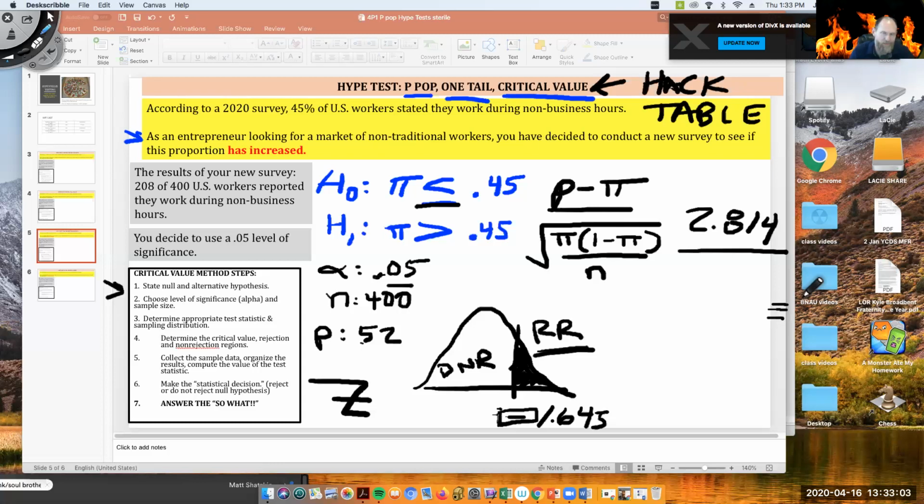I've seen p-value used more than critical value, but the truth is they do the same thing. And in terms of the test, I've been asked before, well, are you going to let us choose? No. I will tell you, I want you to do this using a critical value. I want you to do this one using a p-value.